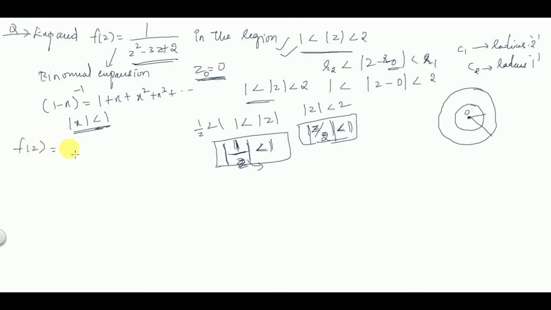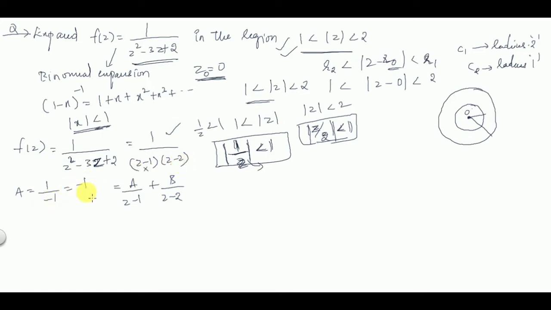f(z) is equal to 1/(z squared minus 3z plus 2). This can be written as 1/((z - 1)(z - 2)). So we do partial fractions: A/(z - 1) plus B/(z - 2). A is obtained by substituting z = 1, not considering this term, so 1/(1 - 2) is minus 1.